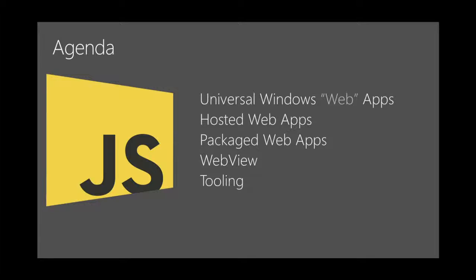So here's the agenda for you today. It is this simple. We're just going to talk a little bit, because there's been a whole bunch of announcements, so I'm not going to repeat everything over and over again. But how you're going to be able to create universal Windows apps with web technologies, that's why it's in quotes. We're going to talk primarily about hosted web apps, packaged web apps, a little bit about tooling, and the web view gets a lot of attention. So I'll do another show of hands.